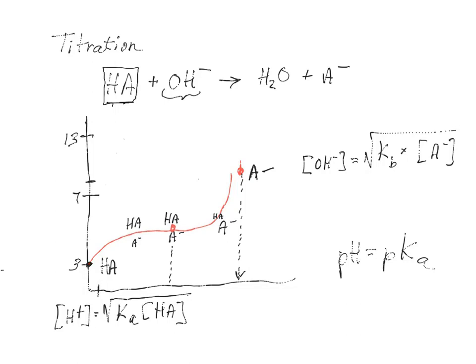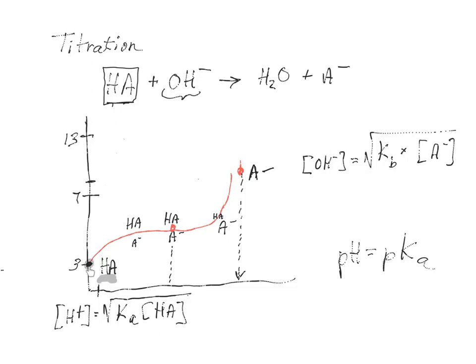We've got our weak acid right here. It is all HA. And we're starting at a pH of around 3 because it is a weak acid. If it's down to 1, it'd be a strong acid, most likely.